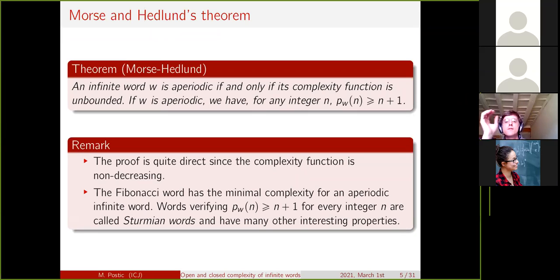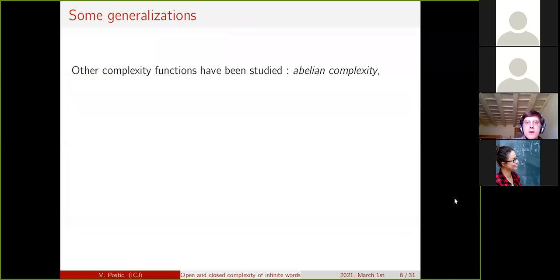The class of words satisfying this property are called Sturmian words, and they have many interesting properties. For example, they give a link between combinatorics on words and number theory, and they are also used in interval exchange transformations.